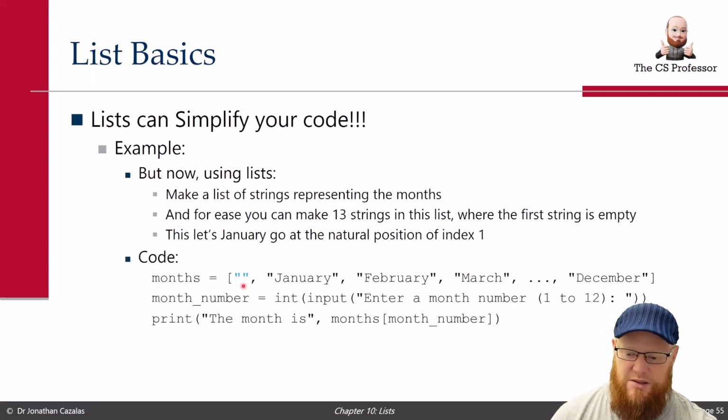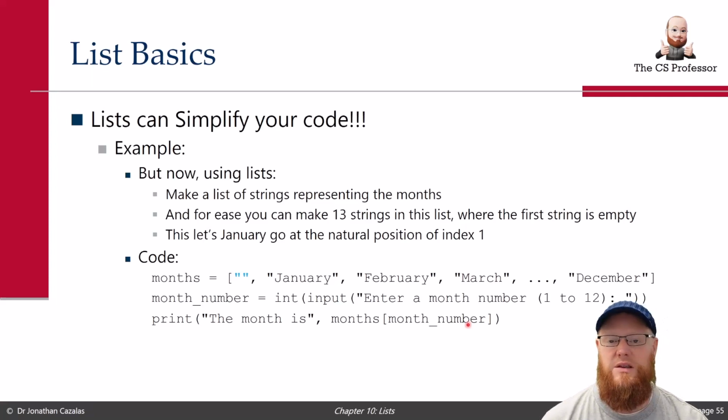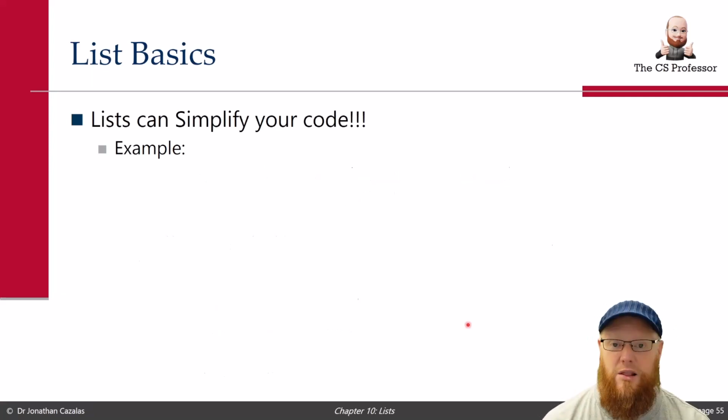I made index 0 an empty string because I wanted January to be index 1, February index 2, and so on. I just simply ask the user for a month number, and then I print the month is months at the index that they entered. Super easy, super cool, much better than this disaster of a solution that we see right here with that long, convoluted if-else statement.